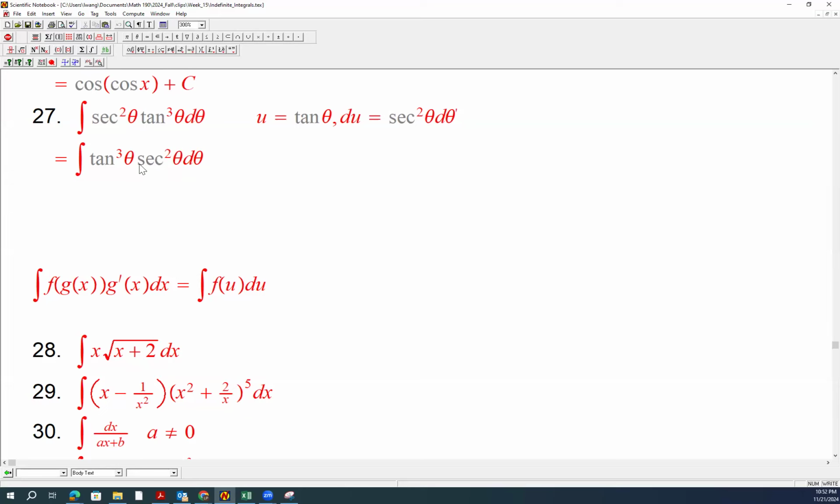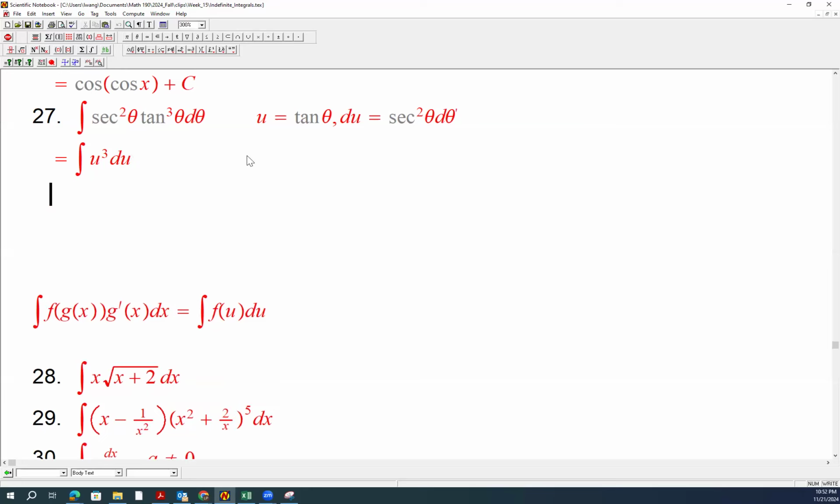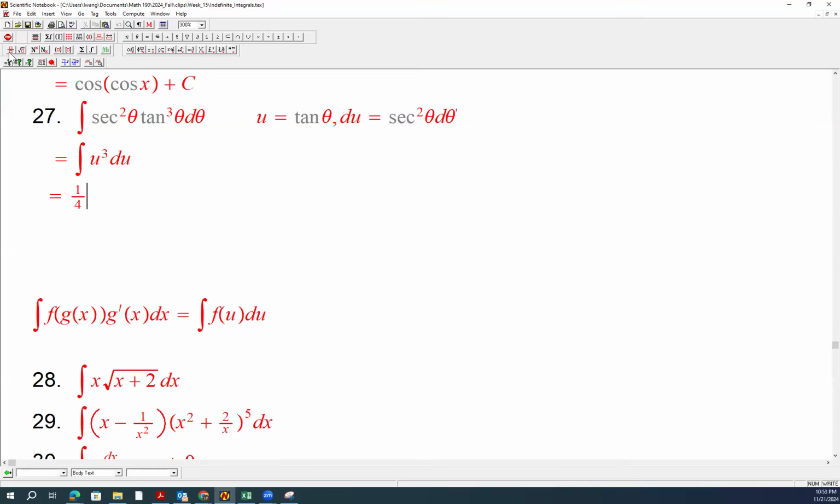So this will give us the perfect opportunity to resubstitute. This is u raised to the power 3, and secant squared d theta, that's du. Perfect. Those academic questions, they did not mean to make our life impossible. There is a way. We just have to work on it.